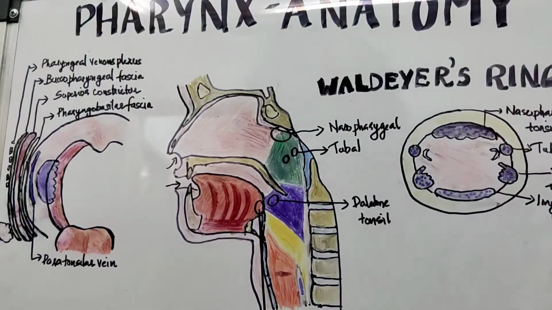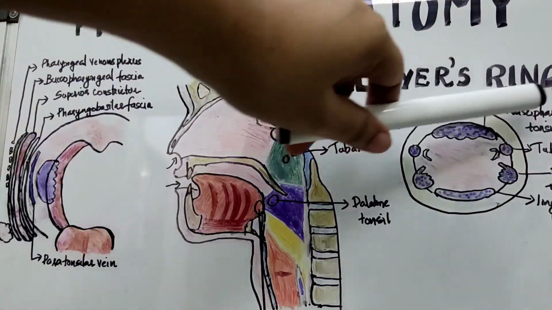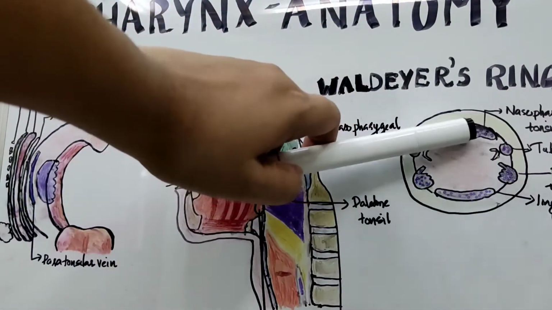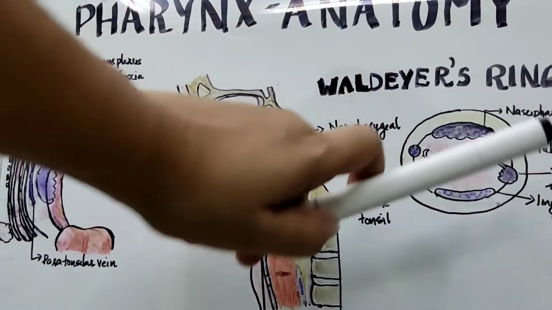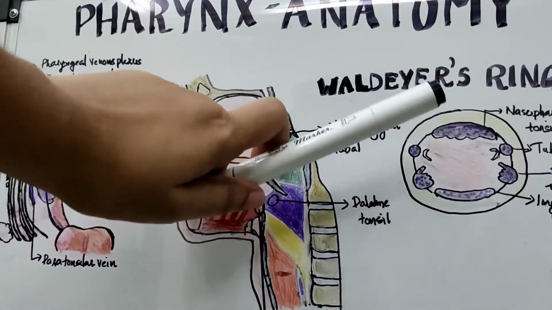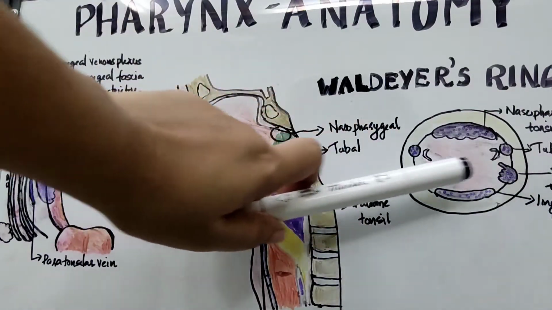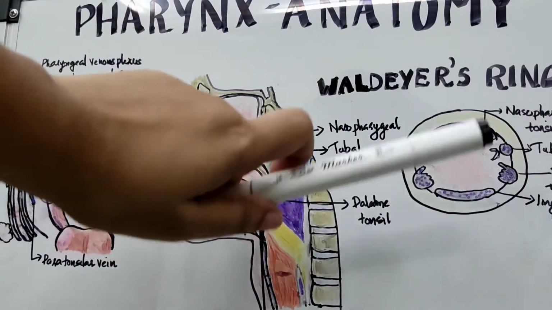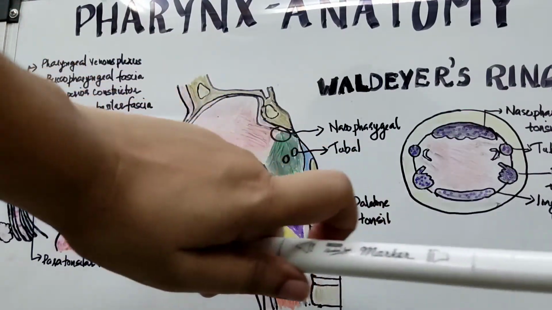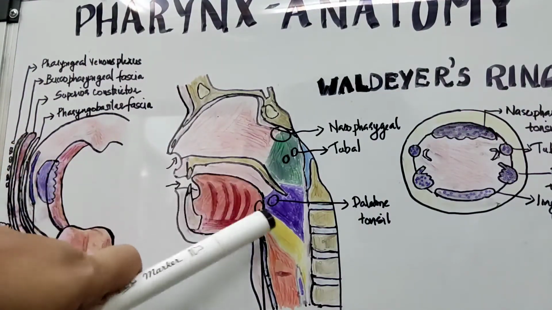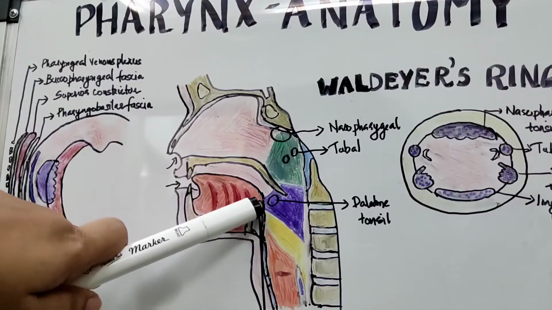Now we will discuss the location of each of these tonsils. Posteriorly and above is the nasopharyngeal tonsil, which disappears by puberty. Laterally and above is the tubal tonsil, and laterally and below is the palatine tonsil. Inferiorly, over the posterior part of the dorsum of the tongue, is the lingual tonsil.